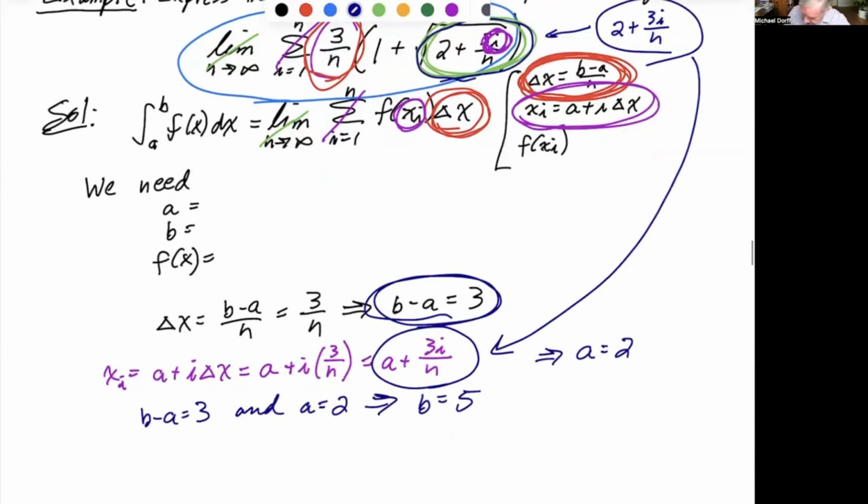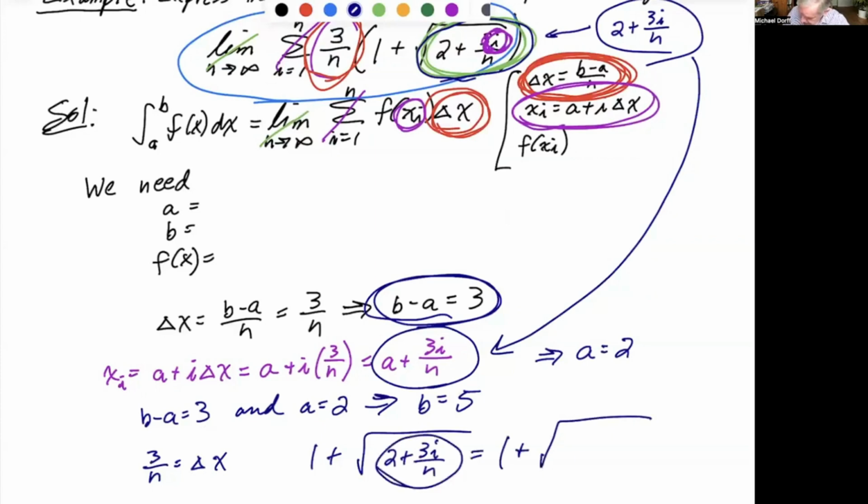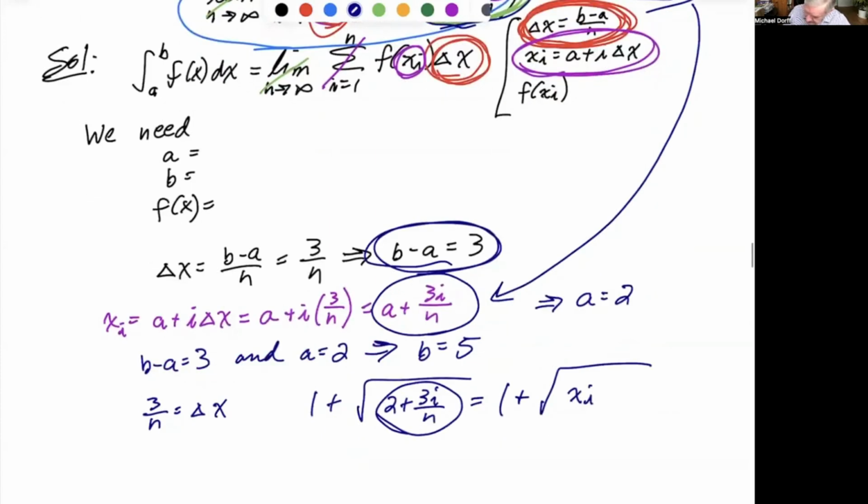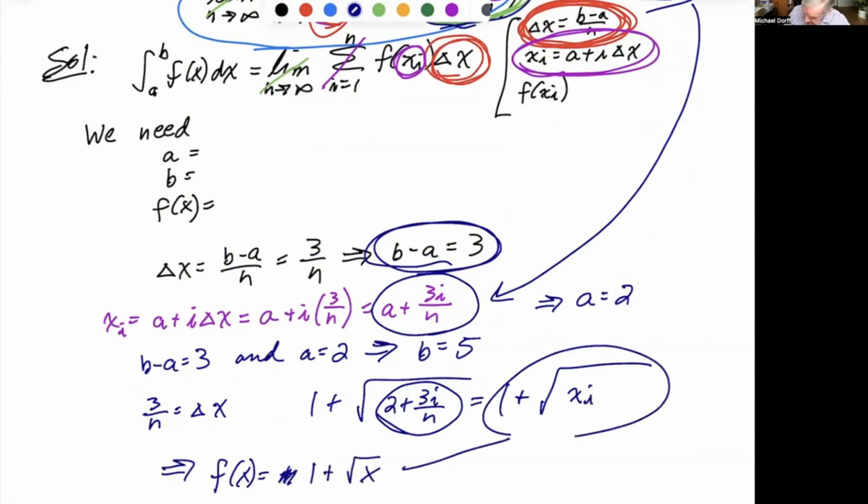All right, so I now have that 3 over n equals delta x. And then I had this 1 plus square root of 2 plus 3i over n. But we know that this 2 plus 3i over n is my x of i. So that's going to tell me that my function f of x is going to equal 1 plus the square root of x, coming from here.